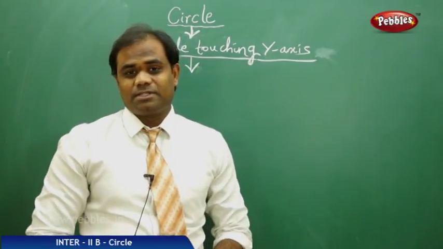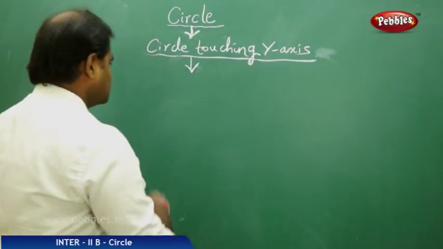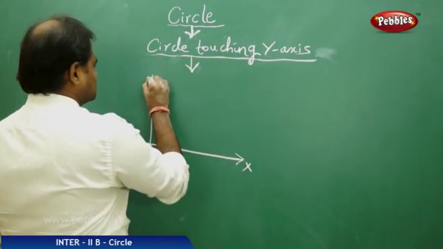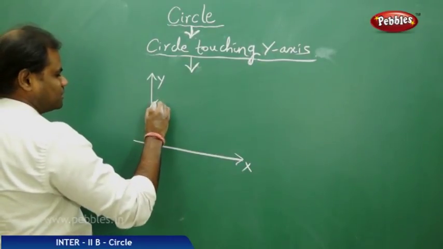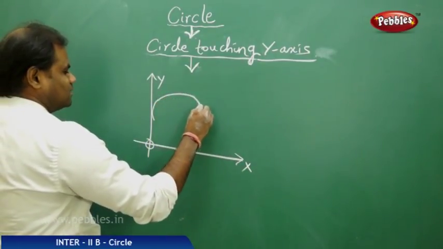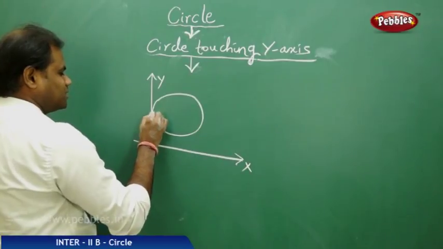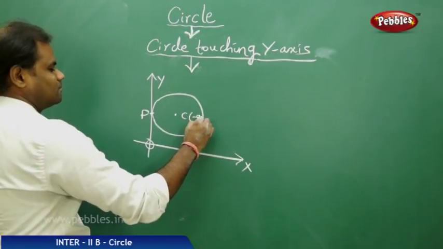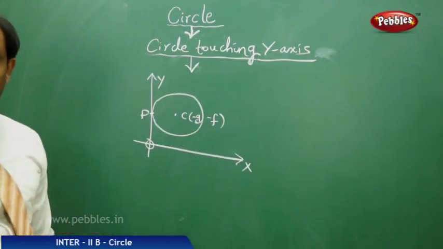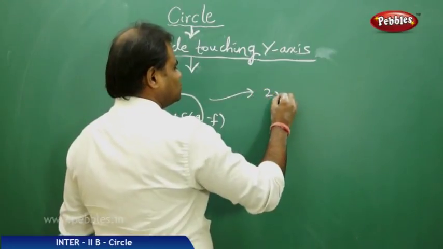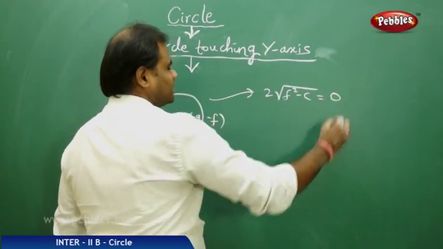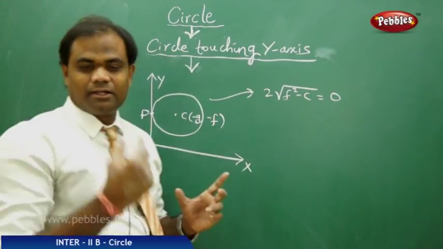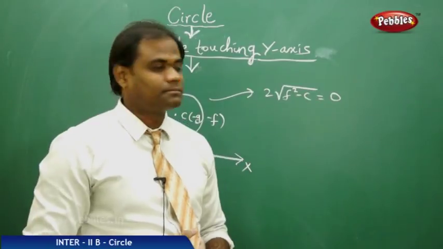Similarly, let's see what happens when the circle touches the y-axis. That is, if I have my x-axis, my y-axis and origin, where the circle is touching the y-axis here. Then in this case, I have clearly 2 root f square minus c, which is the y-intercept, tending to 0, because the circle touches only when the intercept reduces to 0 dimension.